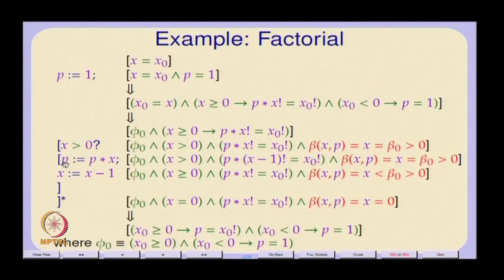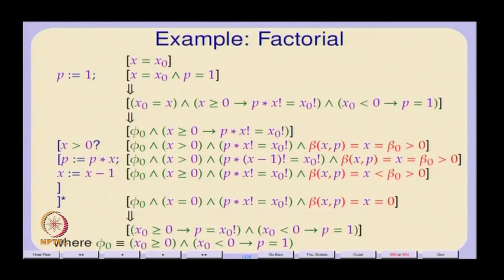Now when I look at these two assignments, look at this assignment, p is assigned p star x. So what we are saying here is, take this condition and replace p by p star x.